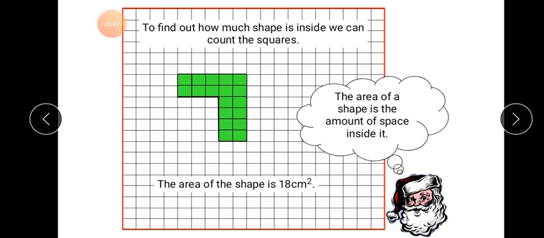So the area of the shape is 18 centimeter square. Always remember, the unit of perimeter is centimeter, whereas the unit of area is centimeter square.